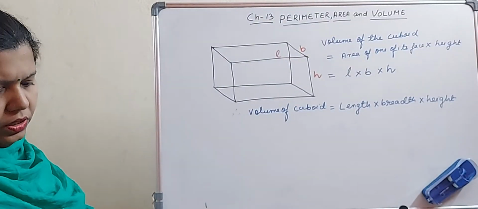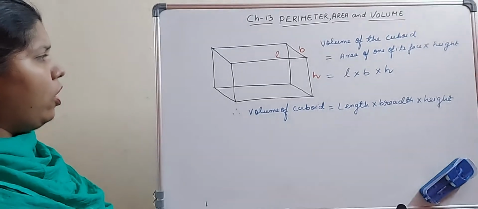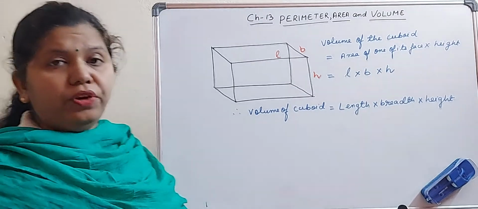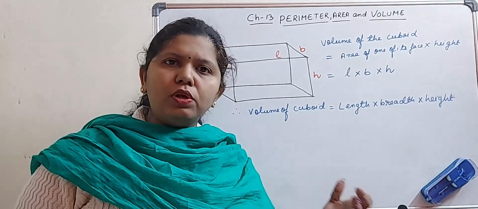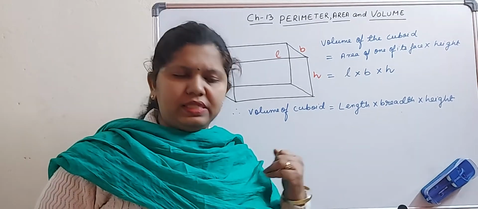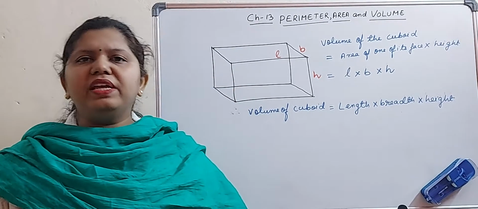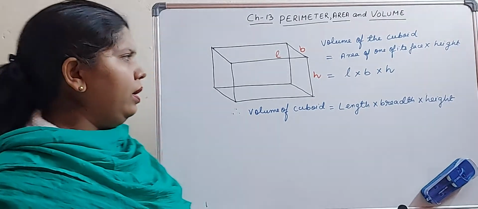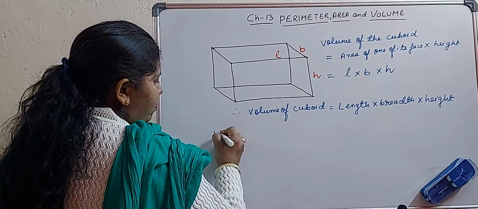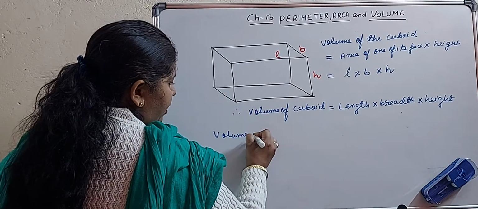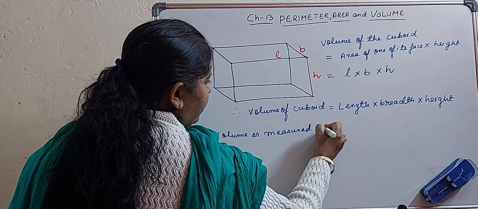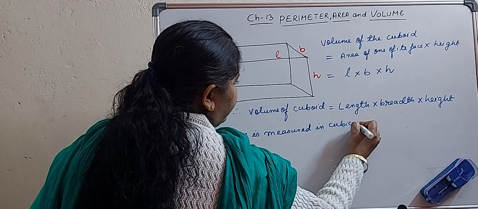I hope you all have understood. Now since volume involves three sides, in cube you have seen, in cuboid also you have seen, it involves three sides, so volume is measured in cubic units.